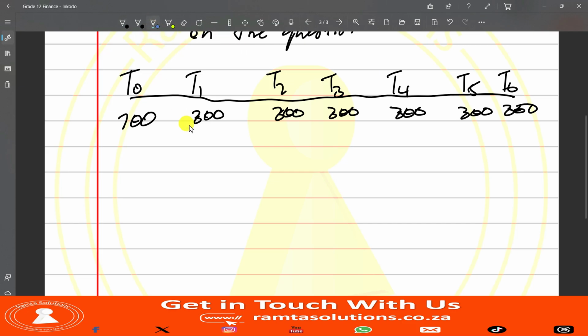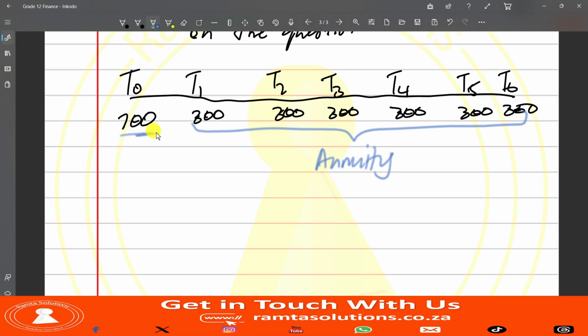You need to notice this. This part here is an annuity, but this is not an annuity.